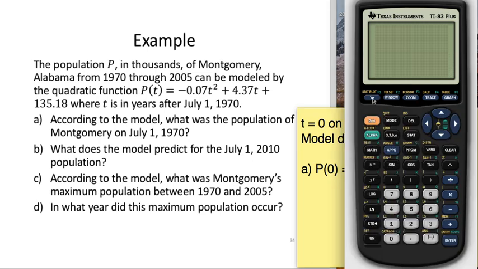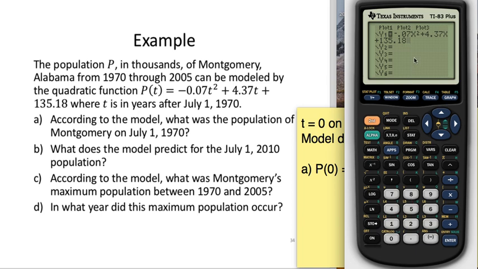We need this model in our calculator anyway, so let's turn our calculator on and put the model into y1: negative 0.07 t squared plus 4.37 t plus 135.18.